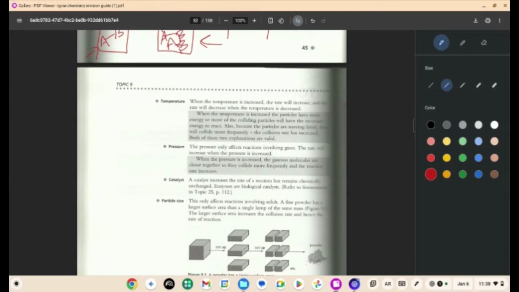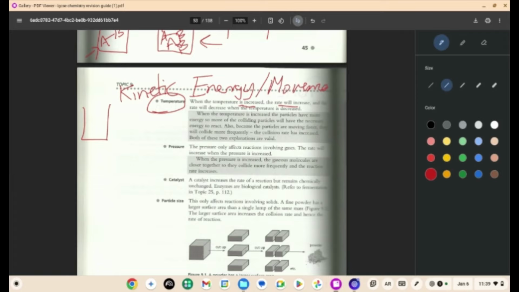And the second factor is the temperature. When the temperature increases, the rate will increase. Let's understand why: temperature increases the kinetic energy of the molecules. When the kinetic energy is increased, the movement of the particles will increase.